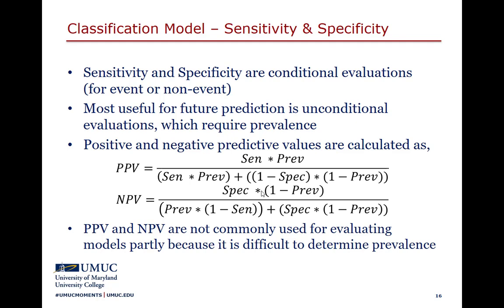At least in R, most confusion matrix functions will produce that. They calculate the prevalence from the data you have seen, which is a way to estimate it, and they calculate both metrics. It's good for reference, but in general, the conditional ones, sensitivity and specificity, are what most people use.